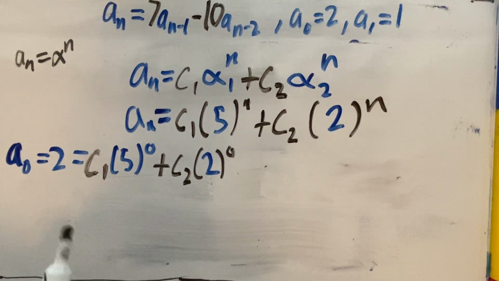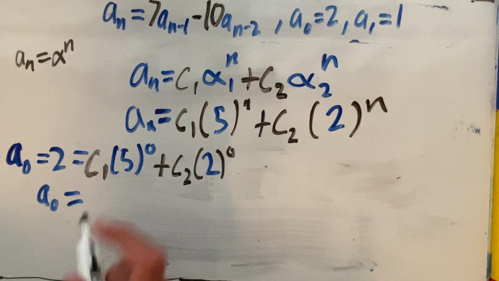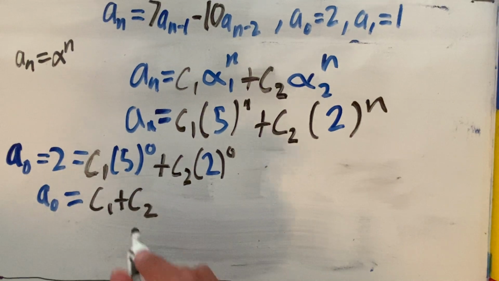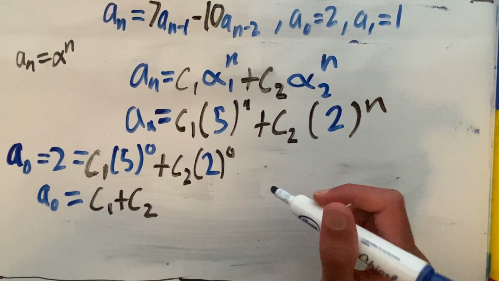This equals c1 plus c2, because 5 to 0 and 2 to 0 are both 1.